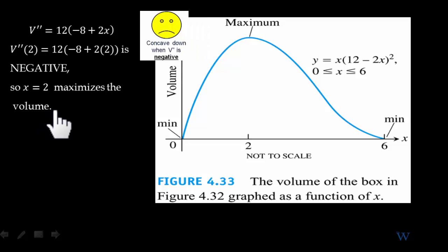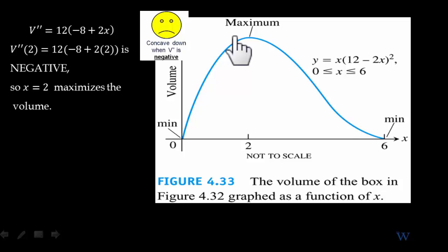So here is the graph of the function v, which in this case we let be y, the volume y is equal to x times 12 minus 2x whole thing quantity squared, and you see that it attains a maximum at x equal to 2.